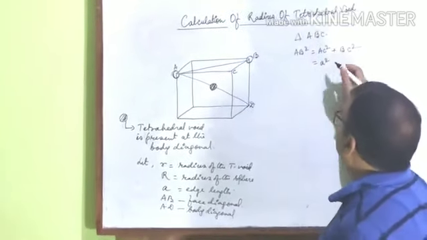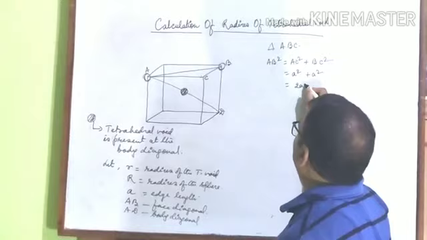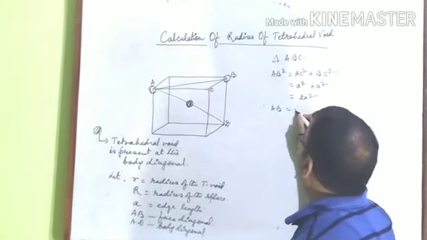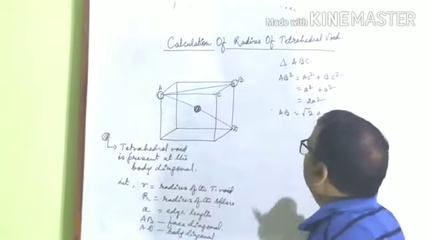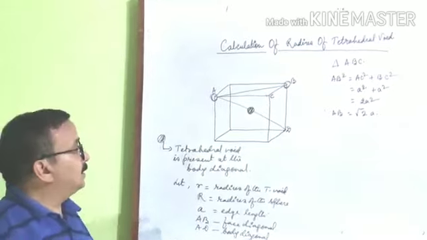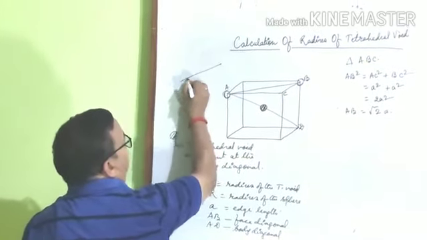BC is also the edge length, therefore it is a square. It is equal to 2a square. Therefore AB will be root 2 a. Now AB is the face diagonal.